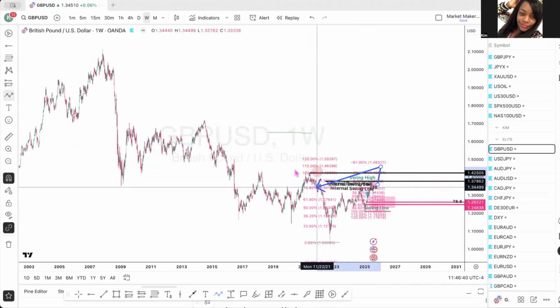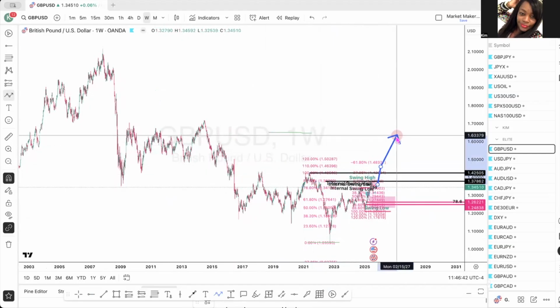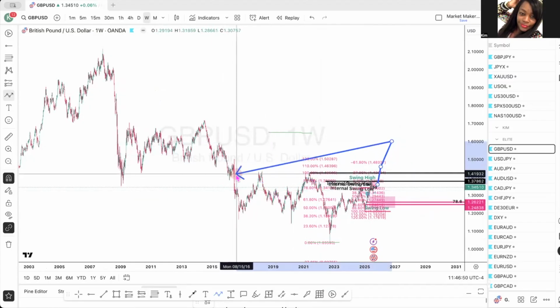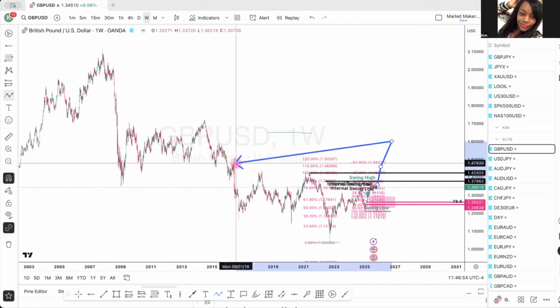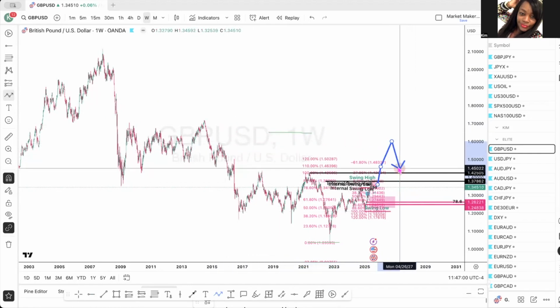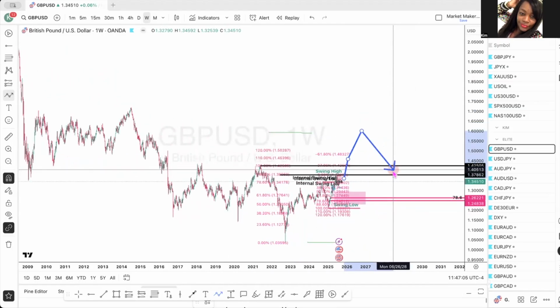Once you know that price has shifted this structure, how far will it come up before it pulls back? I don't know. It could come up into here and pull back, or somewhere up in here and start pulling back. I can only trade what I see when I see it.